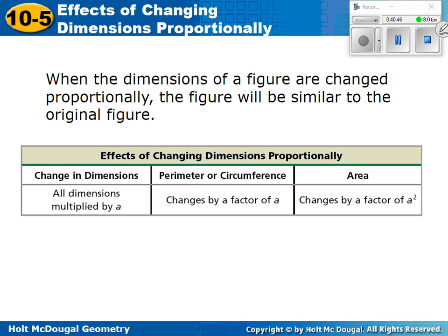I want you to think about what happens to the perimeter and what happens to the area. Don't say it out loud, but think for just a minute. If I have a square and the side is multiplied by 3, what would you write down as a sentence for the perimeter is multiplied by blank, the area is multiplied by blank?